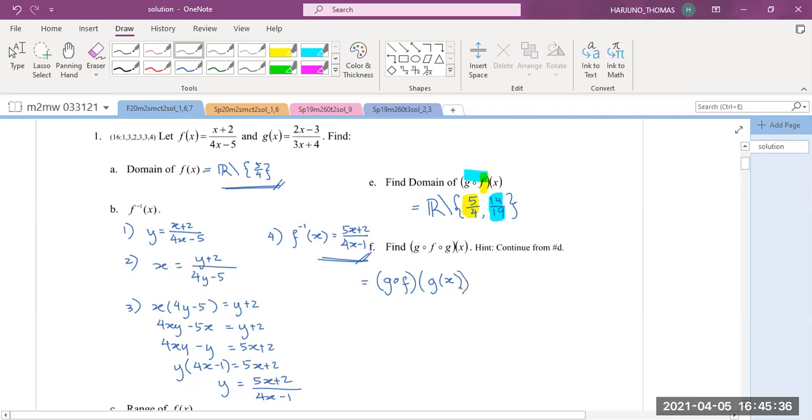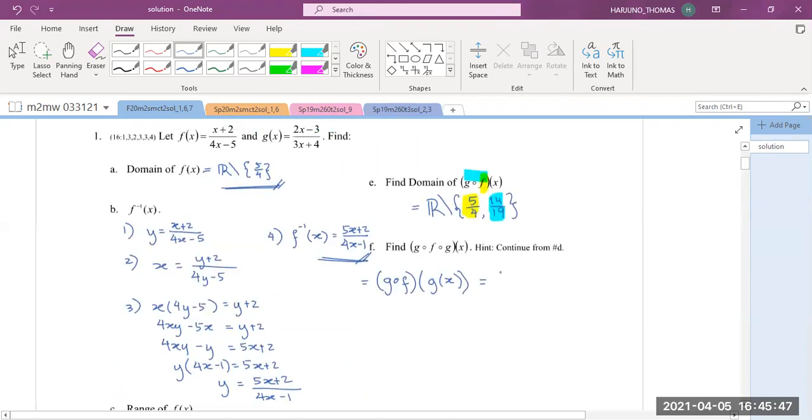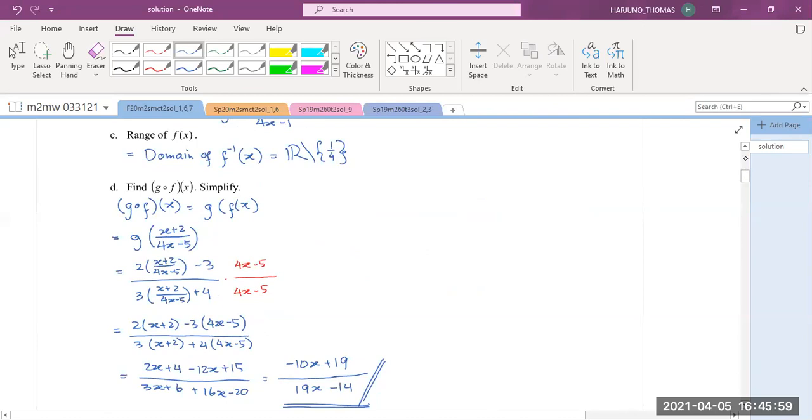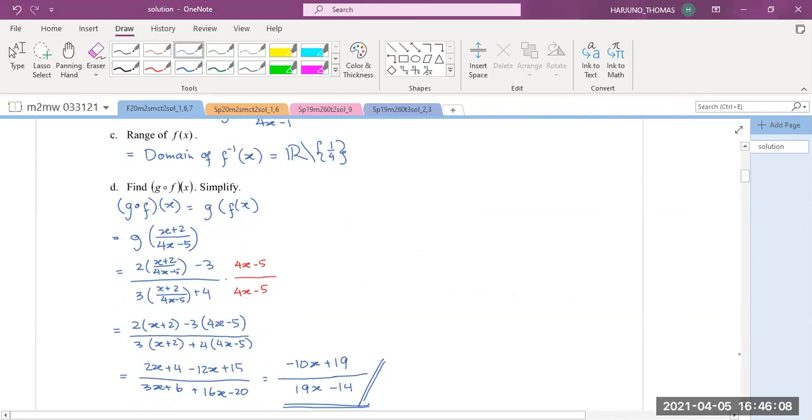Now, once I get g compose f, then g compose f of g(x) is the same as negative 10 of g(x) plus 19 over 19 of g(x) minus 14. Is it there? 2 19s there?